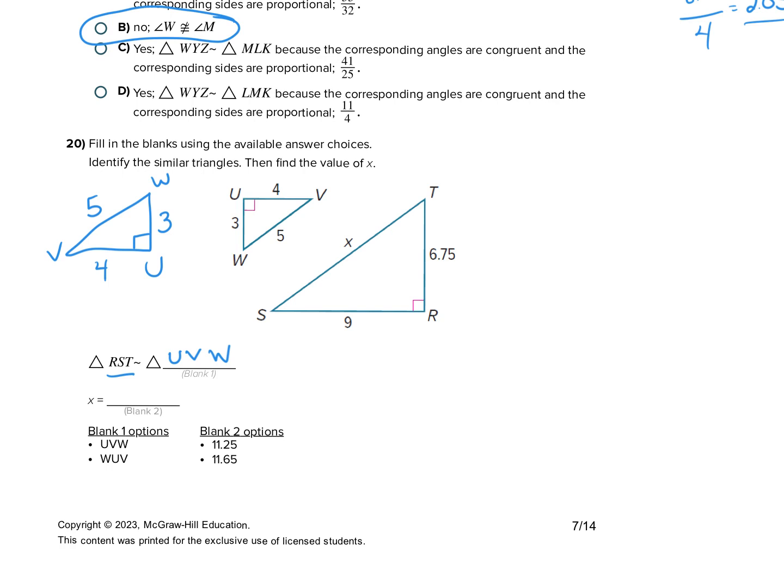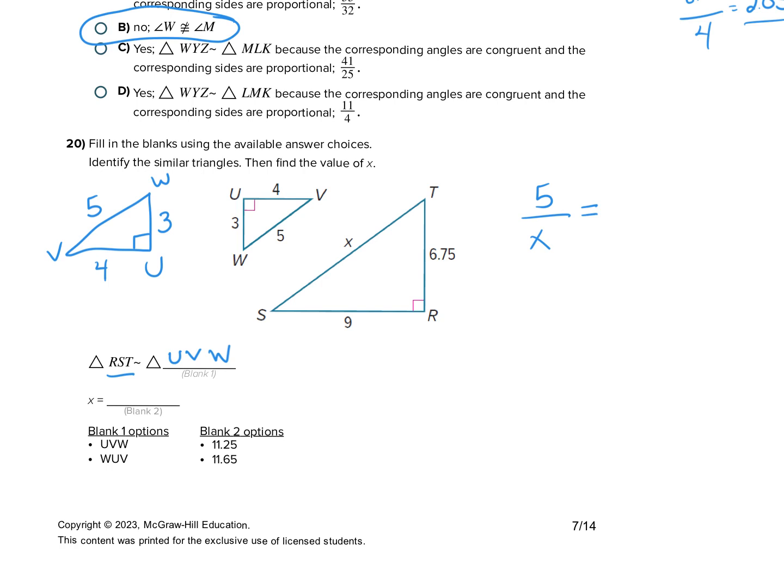Okay, so then from here, now that I know how the sides correspond, my hypotenuse is what I'm trying to solve for, on my larger triangle. I could use either 3 and 6.75, or I could use 4 and 9. It doesn't matter which one you use because we have both values.